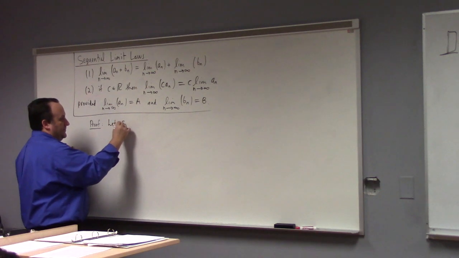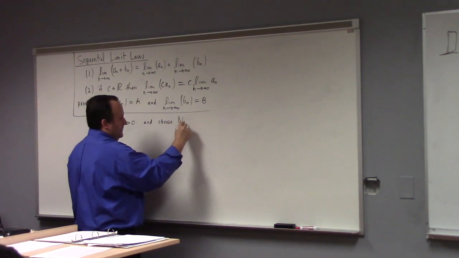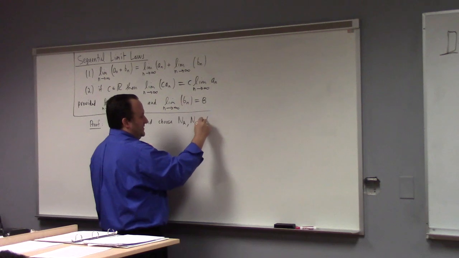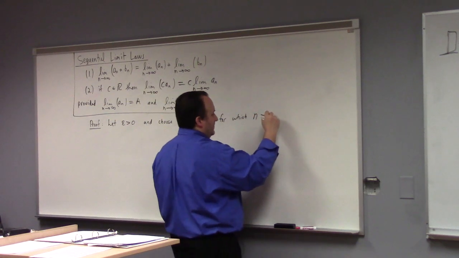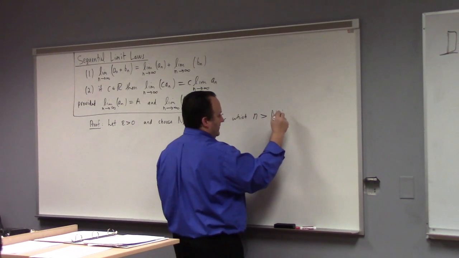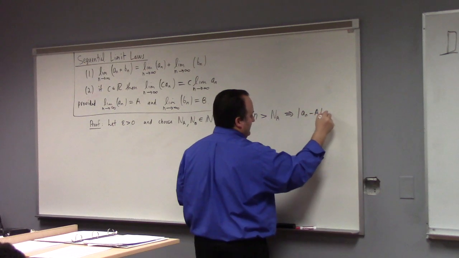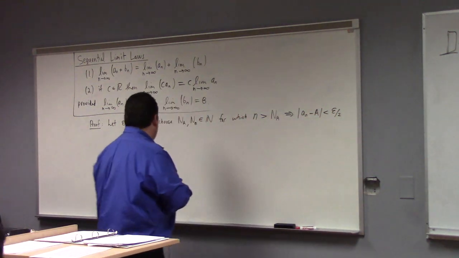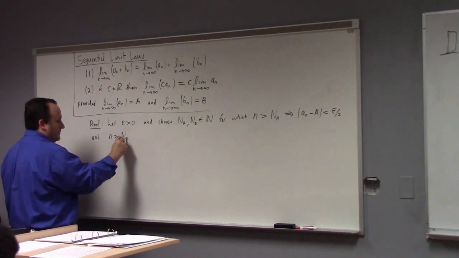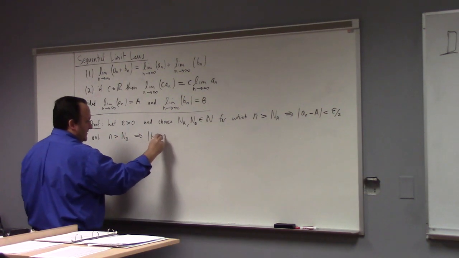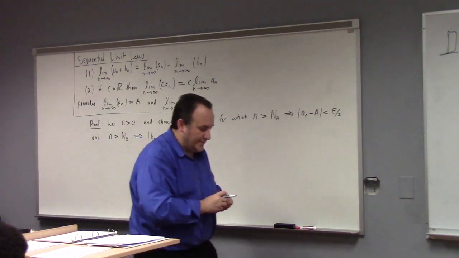Let epsilon be greater than 0, and choose n sub a and n sub b elements of the natural numbers for which n greater than n sub a implies the absolute value of a sub n minus A is less than, let's say, epsilon over 2, and n greater than n sub b implies that the absolute value of b sub n minus B is less than epsilon over 2. I can make these choices because I'm assuming the limits exist, right?